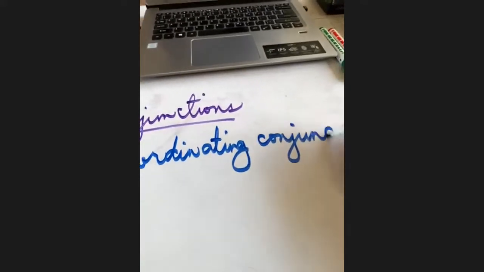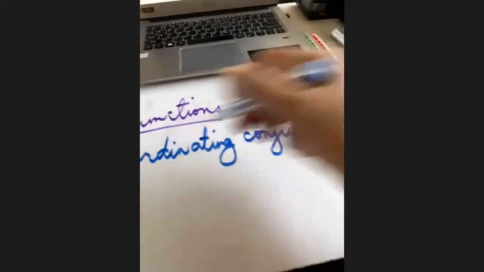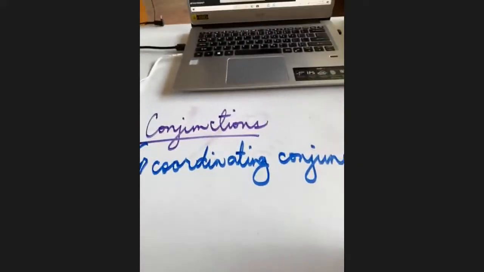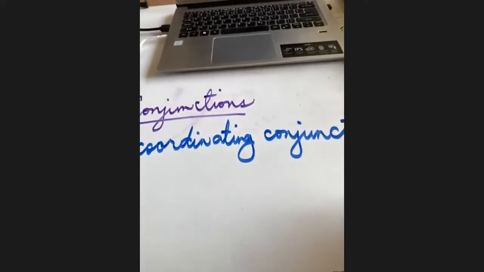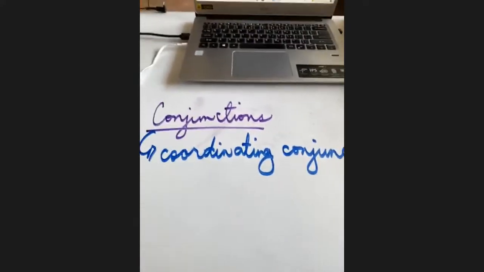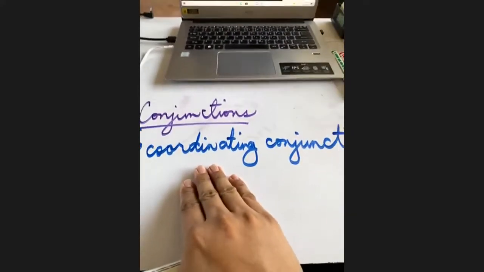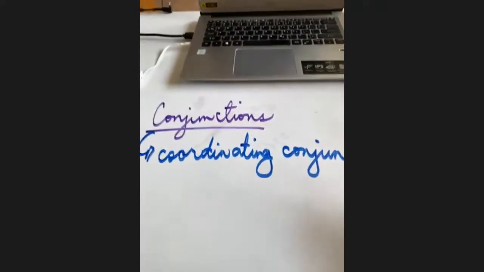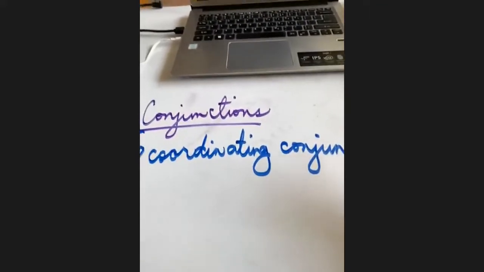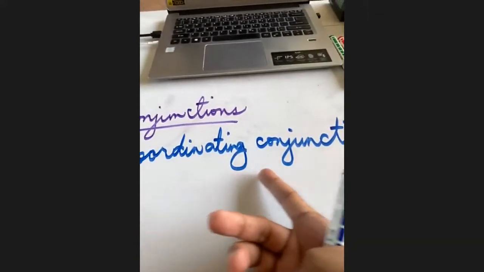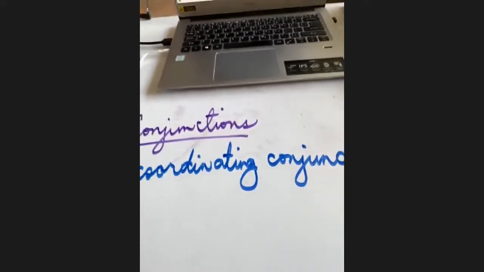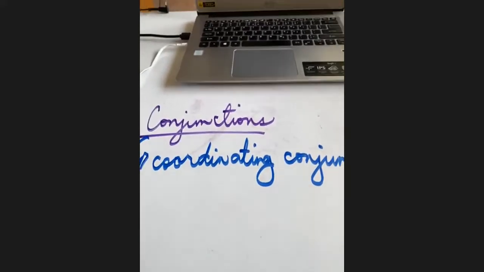We have to, of course, set these coordinating conjunctions apart from subordinating conjunctions. Just look at key terms. Coordinating conjunctions, we use them for coordinating ideas. Subordinating conjunctions, we use them for subordinating ideas. When we use a coordinating conjunction, we are doing the process of coordination. Thereby, we are creating compound sentences.